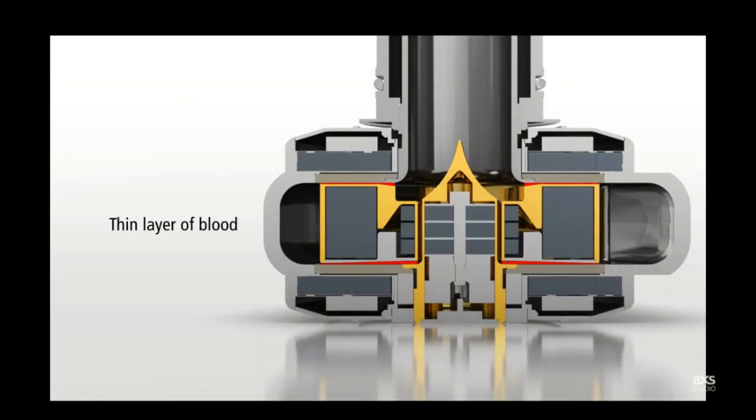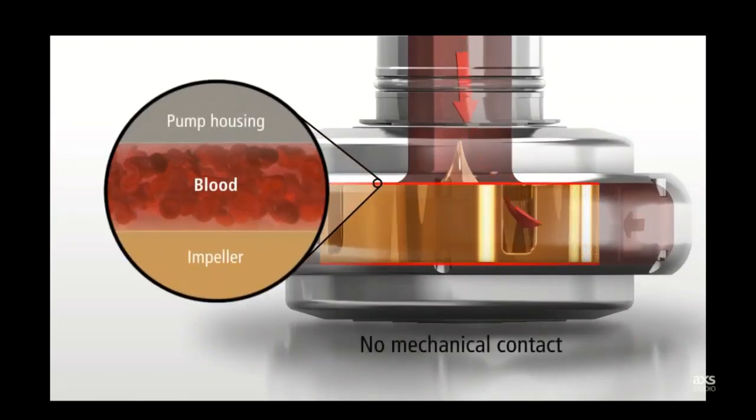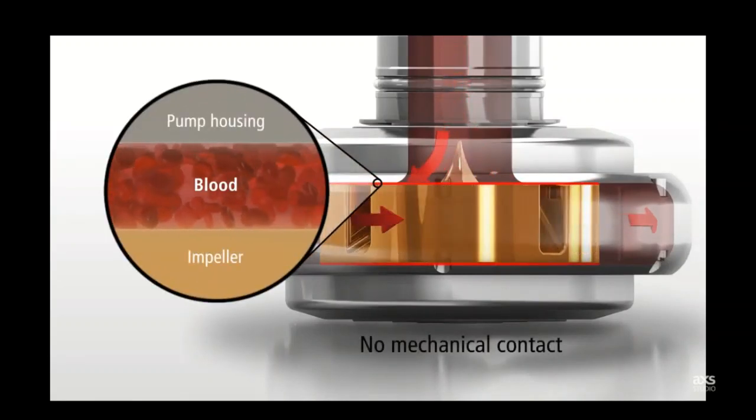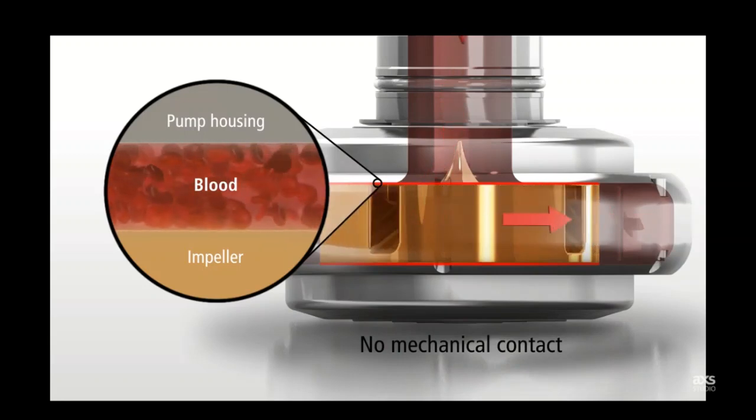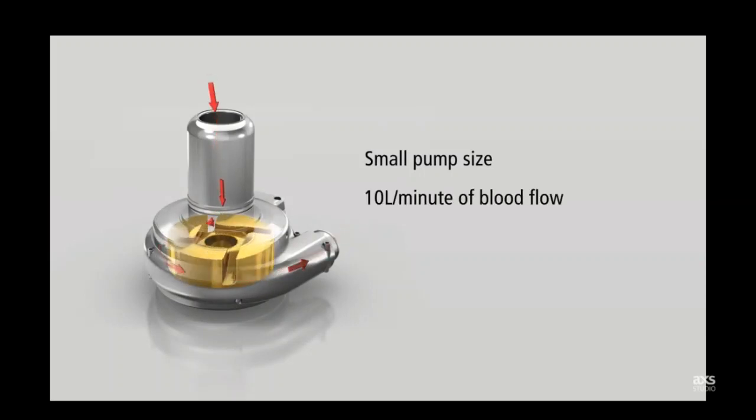and the pump housing. During operation, there are no points of mechanical contact within the pump, effectively creating a wearless system. The HVAD pump, roughly the size of a golf ball, is capable of providing up to 10 liters per minute of blood flow.